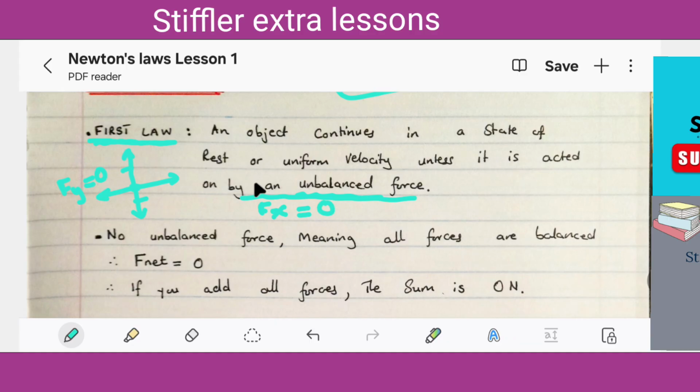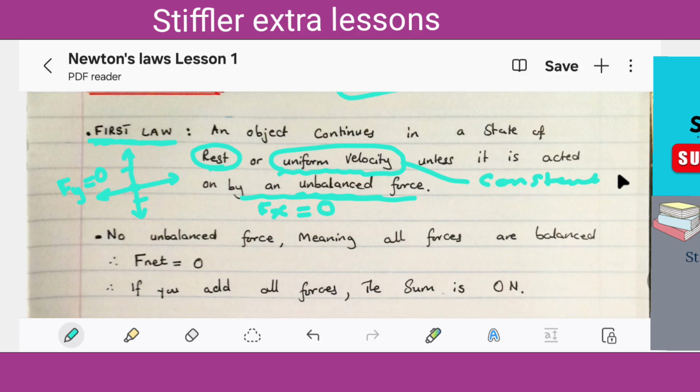So this is when the object is at rest. This object is not moving. If the object is not moving, obviously all the forces acting on the object result to 0. Or the object is moving at a uniform velocity, which we can call constant velocity.